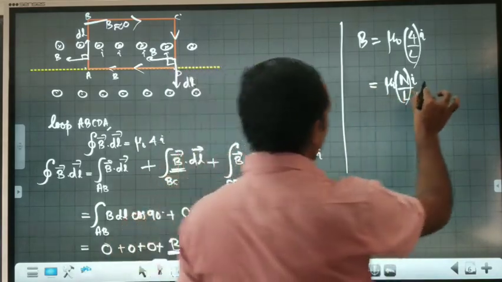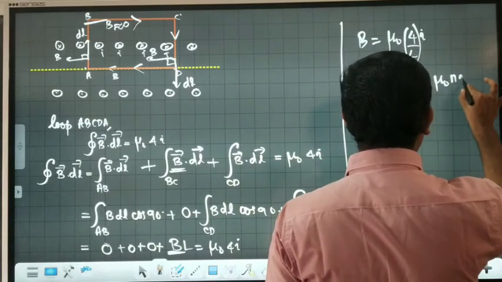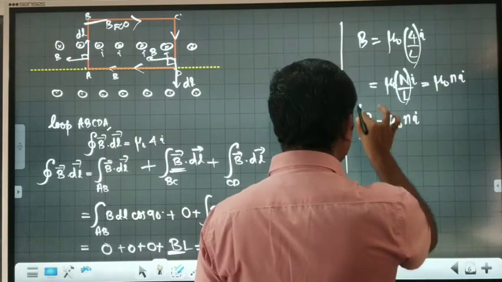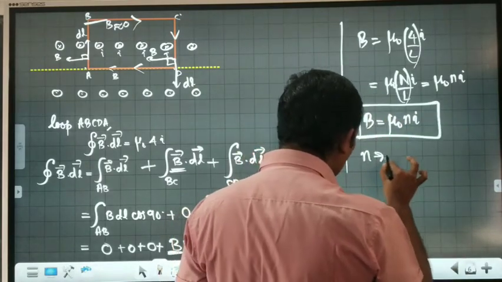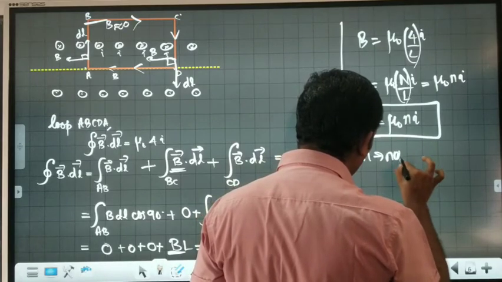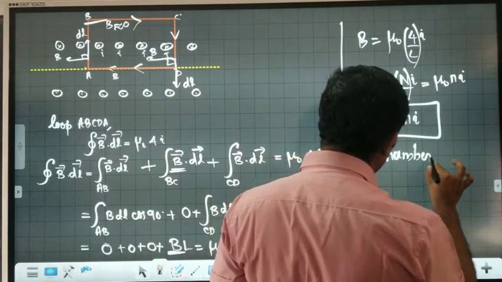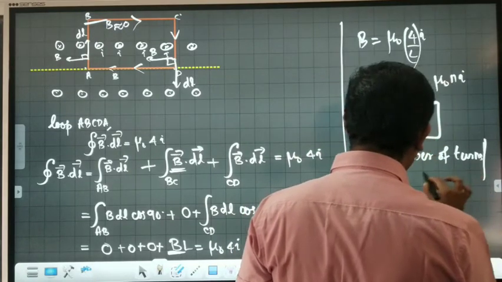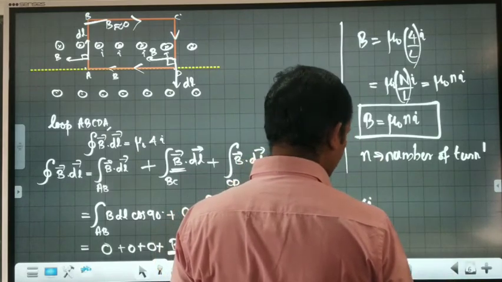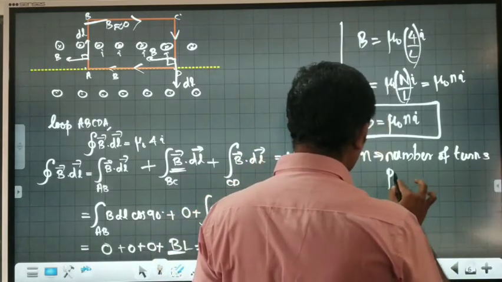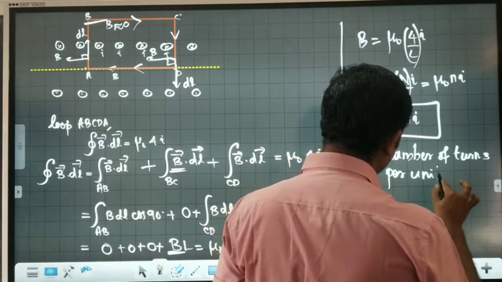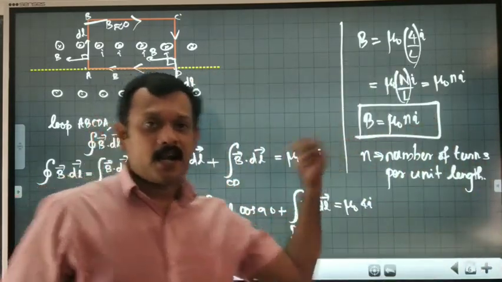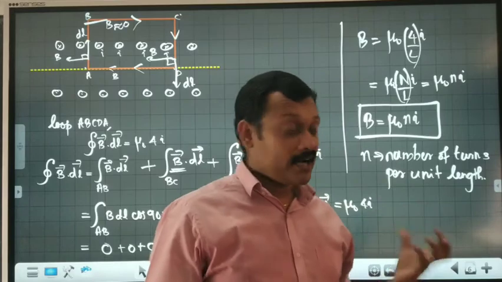So capital N by L, so this is mu 0 n I. The magnetic field inside a long solenoid is mu 0 n I, where small n is called number of turns per unit length.